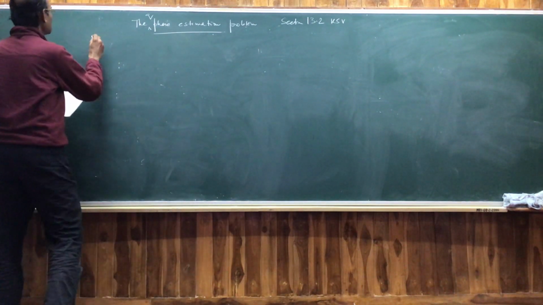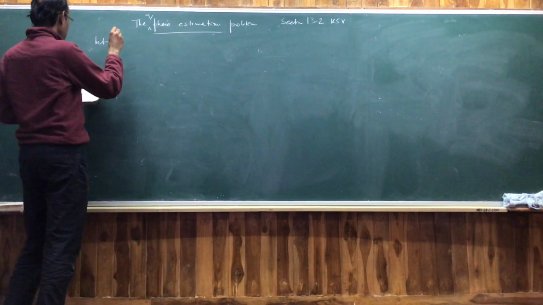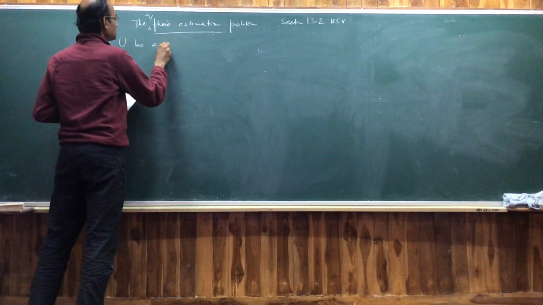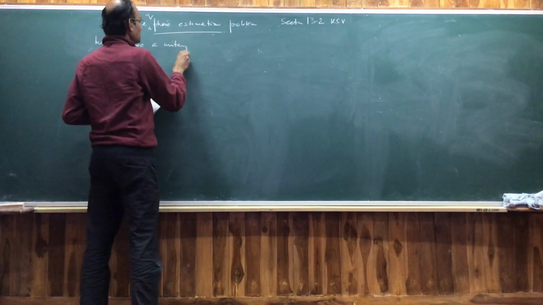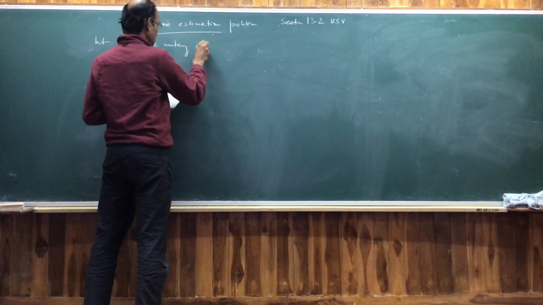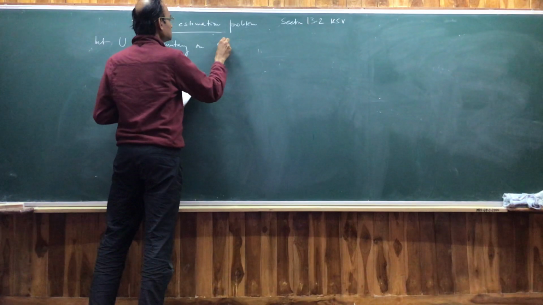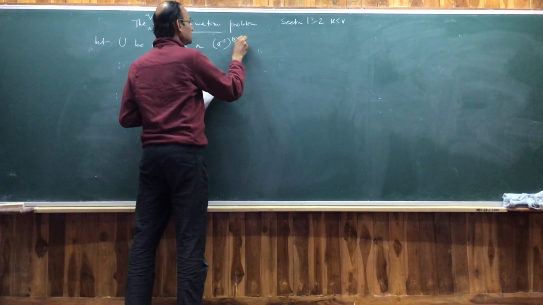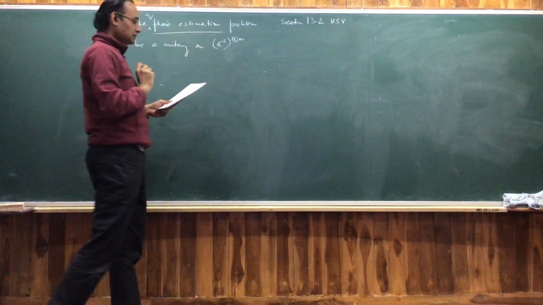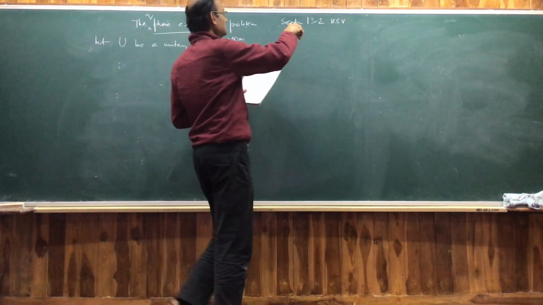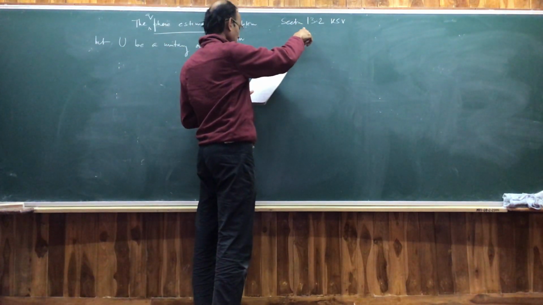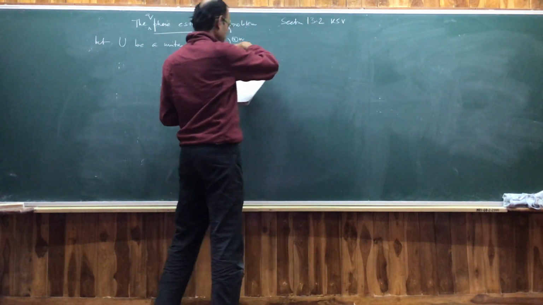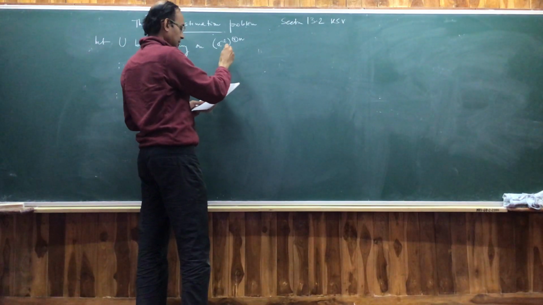So let U be a unitary on n qubits. If you read the book by Kitaev and others, you have to remember that the notation there is like this.